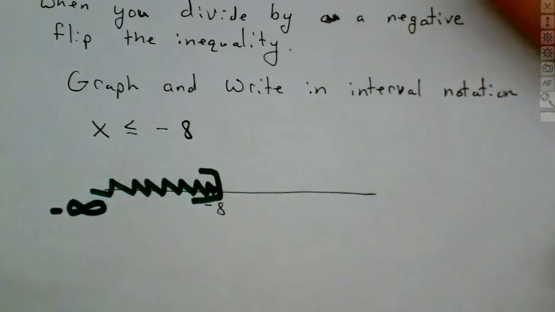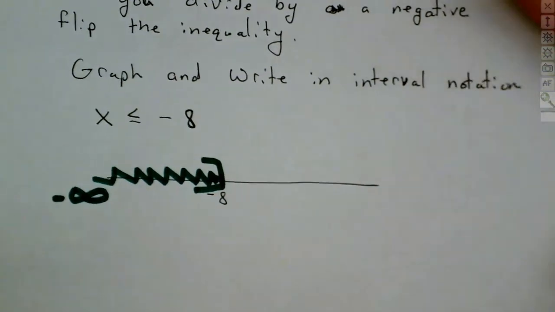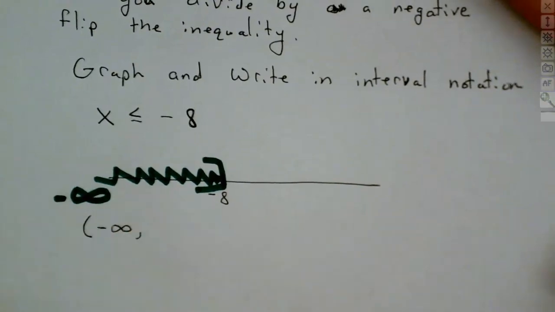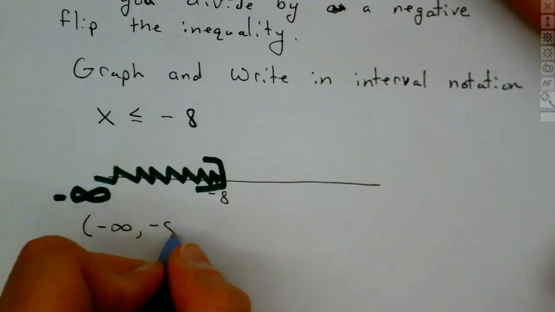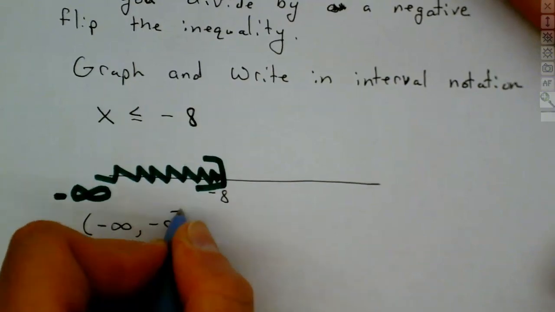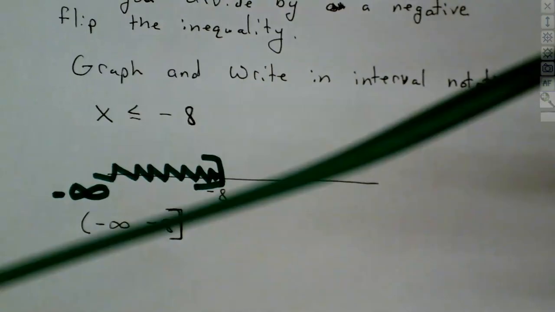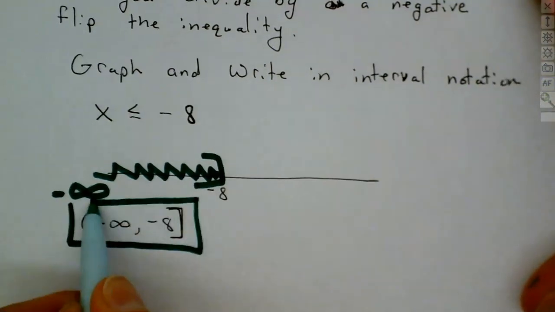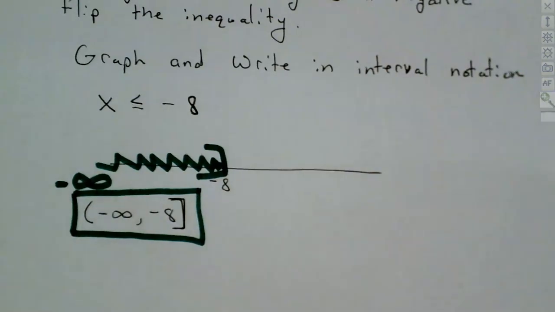So what does my answer look like now in interval notation? Well, it looks like negative infinity, reading from left to right, to -8 with a what? With a square bracket. All right, so that's what we have there.